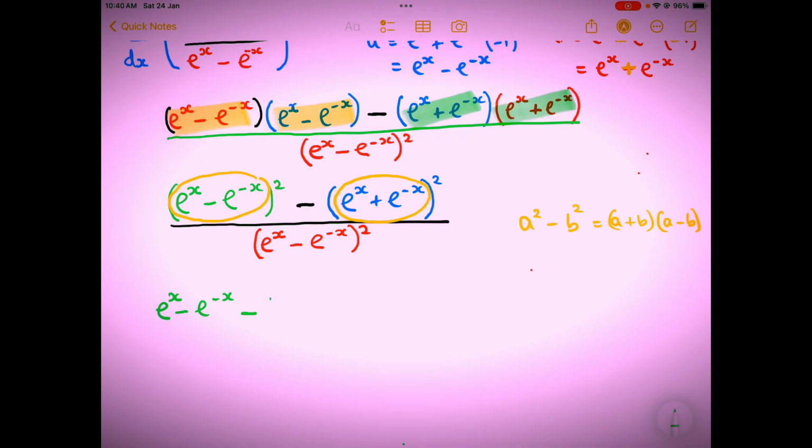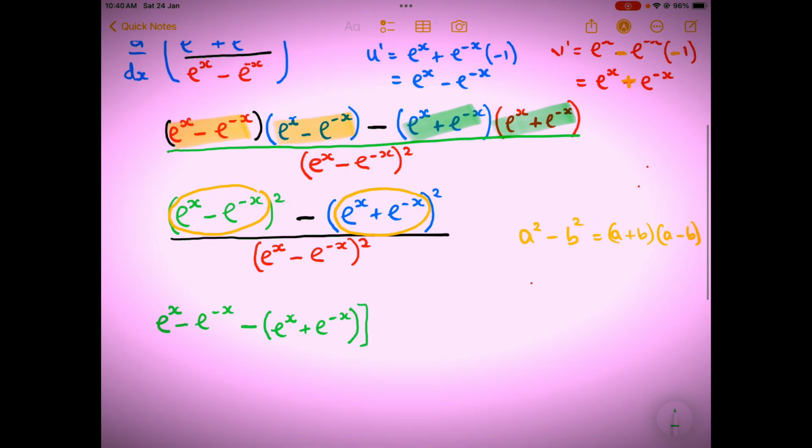The b is this one, e to the power of x plus e to the power of minus x. So I have a minus b, and all this is multiplying the a plus b.